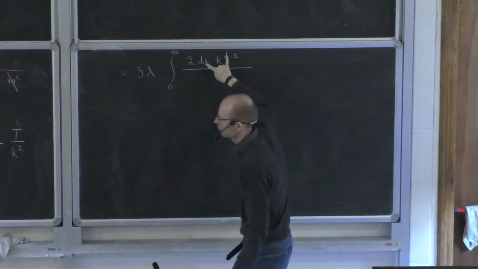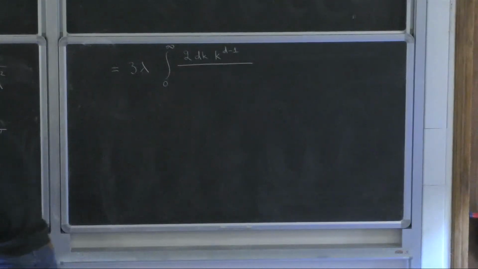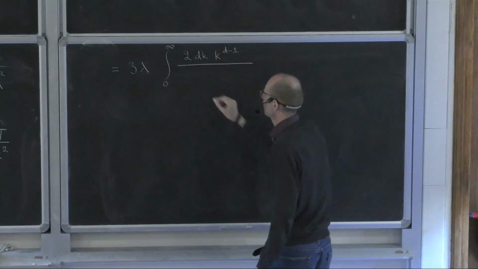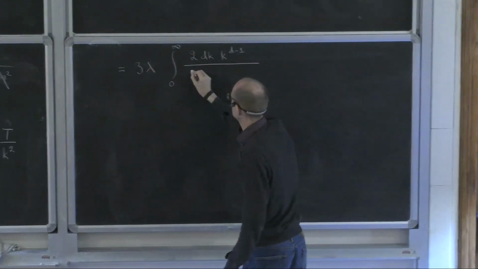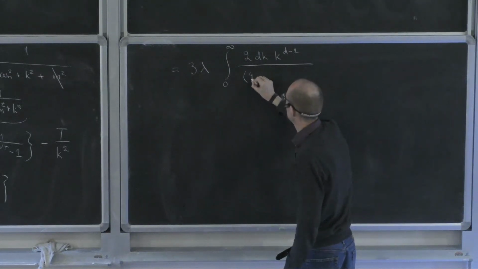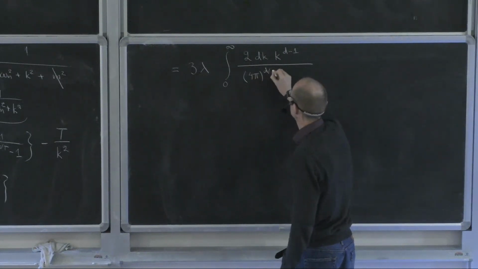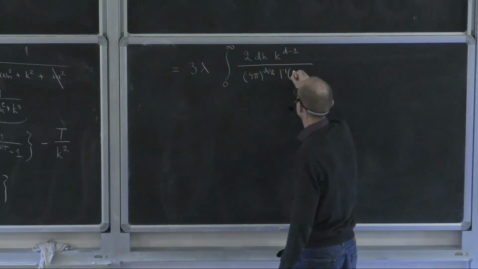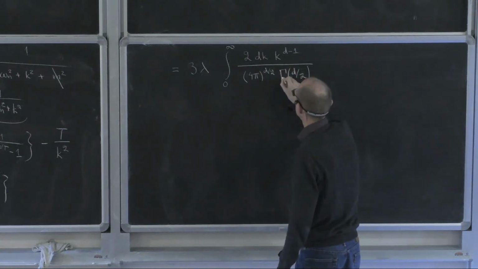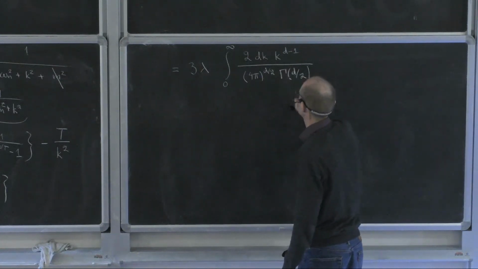Well, the dimensions have to match. It's a d-dimensional integral, so in total there have to be d powers of the variable. And then, from the downstairs, there I had 2 pi, now it becomes 4 pi to the d over 2 and gamma of d over 2. This is the Euler gamma function.